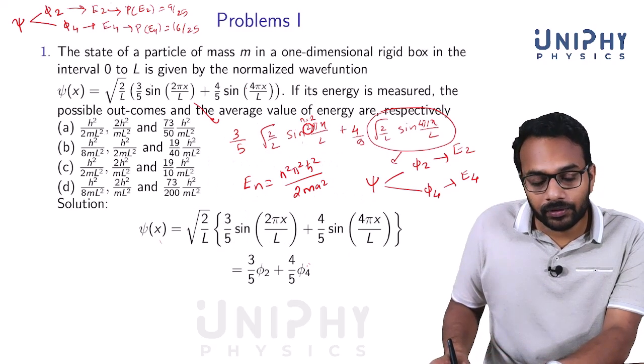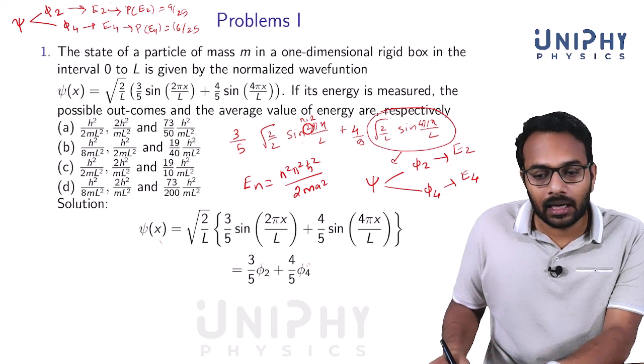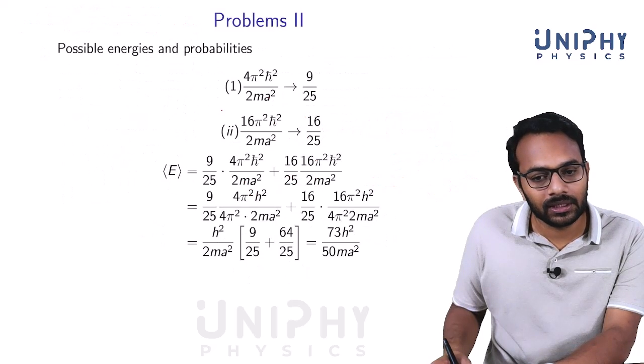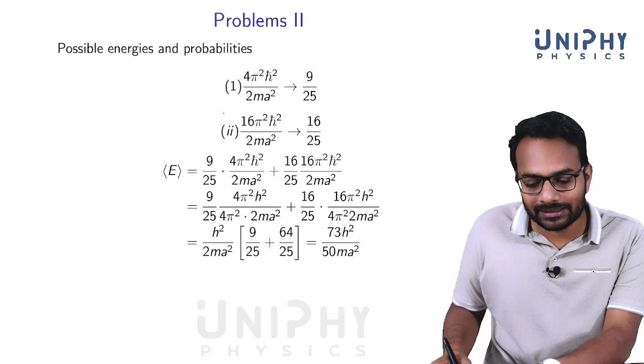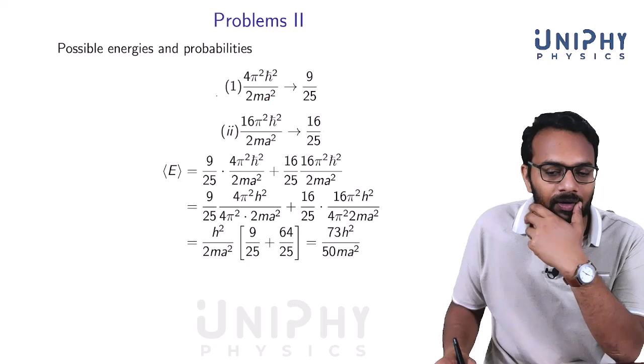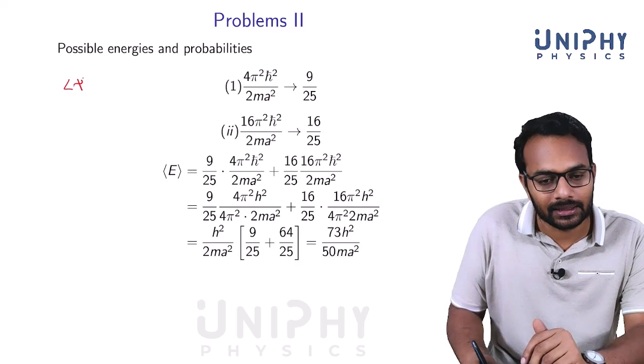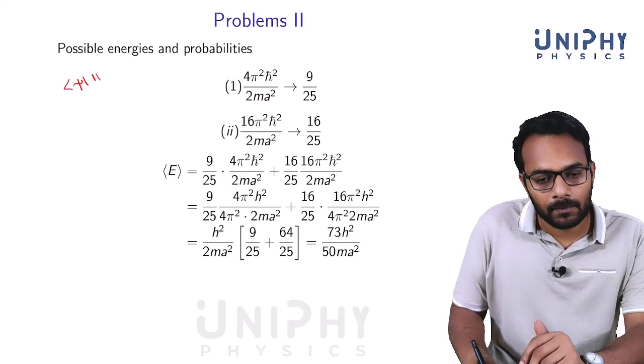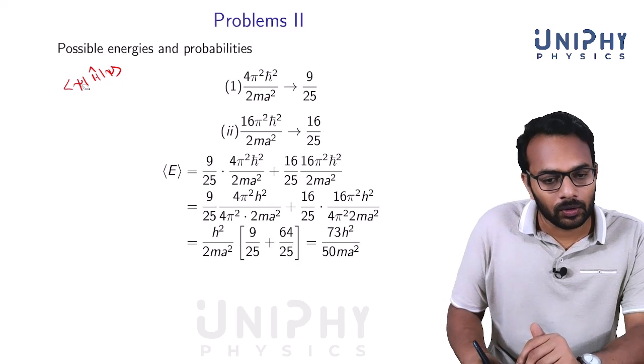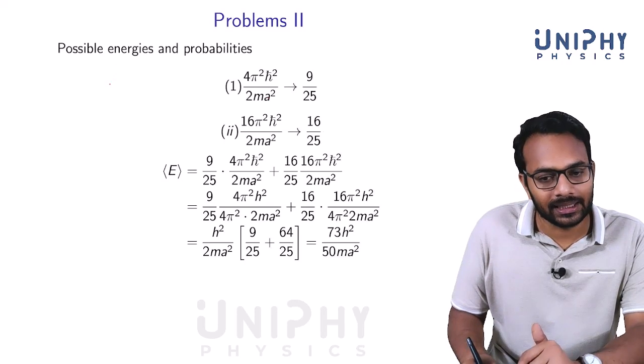Now we are also asked the average value of energy. What's the average value of energy? We have already seen that it can be found in different ways. We can find it like this, or we know the possible energies and we know the probabilities.